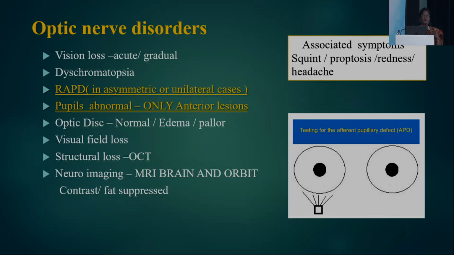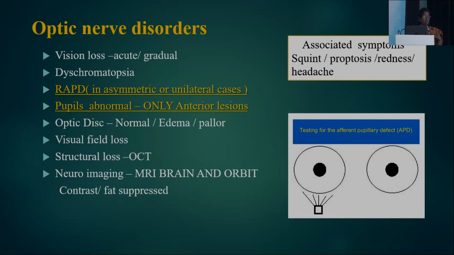When the visual pathway is involved in a retrochiasmal lesion. When the LGB, your pupil fibers have gone apart. So beyond an LGB lesion, you may not end up seeing a relative afferent defect.